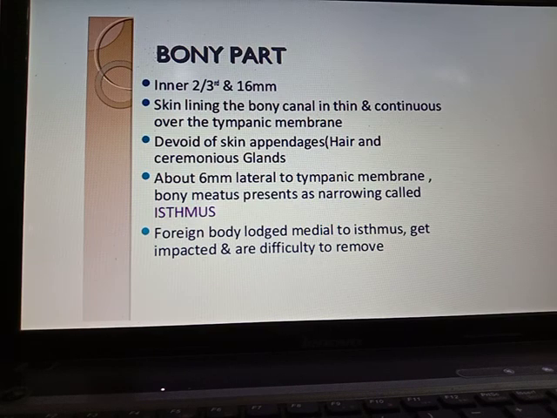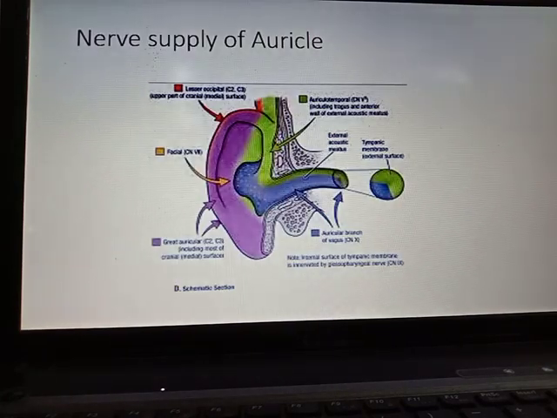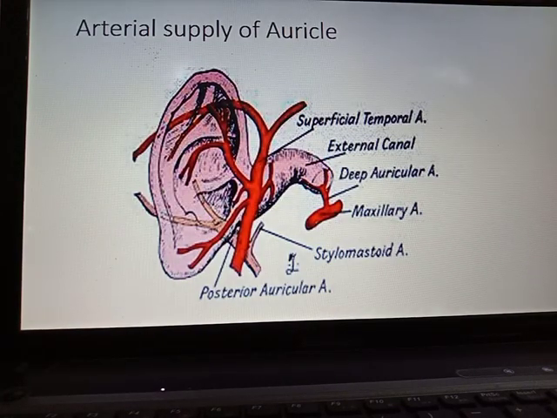If you come to the arterial supply of this part, the superficial temporal and the posterior auricular branches of the external carotid artery supply some part of this external auditory canal.